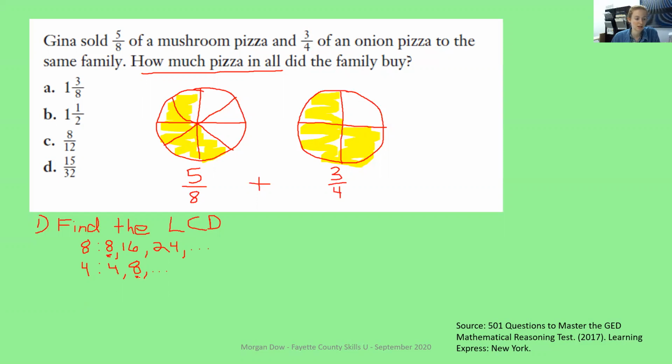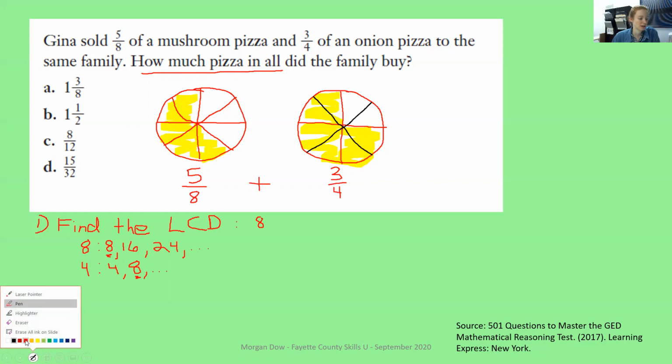So the least common denominator of 4 and 8 is going to be 8, meaning I could take this pizza that's cut into 4ths and I could re-slice it, get out my pizza slicer, so that it is now in 8 slices instead of 4 slices.